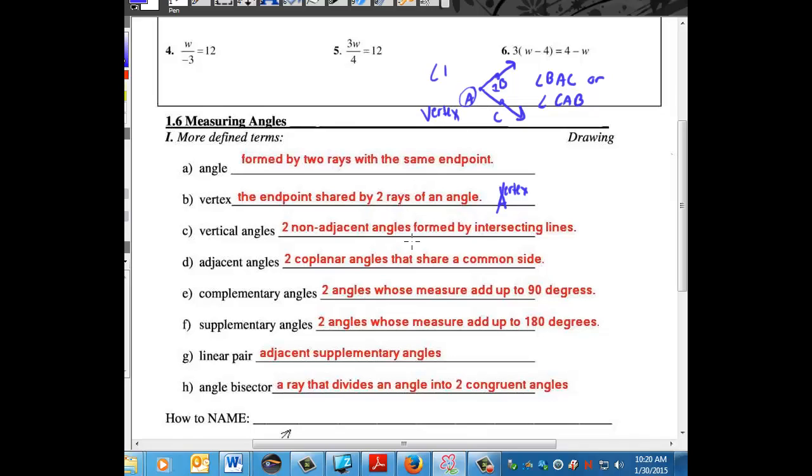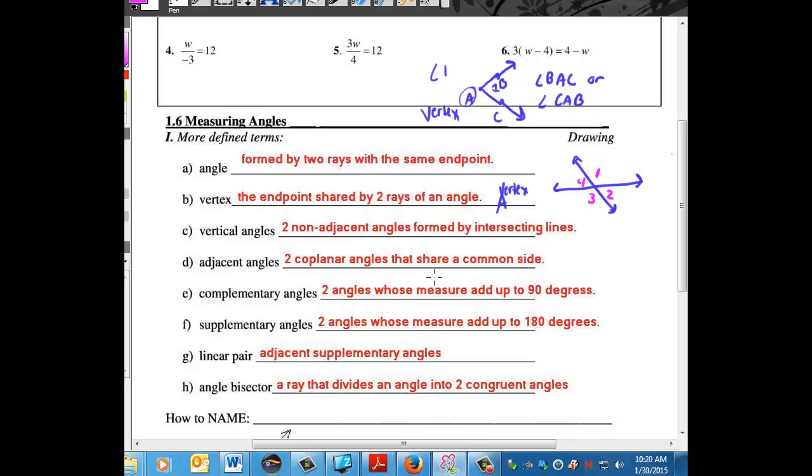All right, we're going to jump down to vertical and adjacent angles next. Let's go and draw two straight lines that intersect. And what I can say is that, let's say that this forms angle 1, this forms angle 2, this forms angle 3, and angle 4.